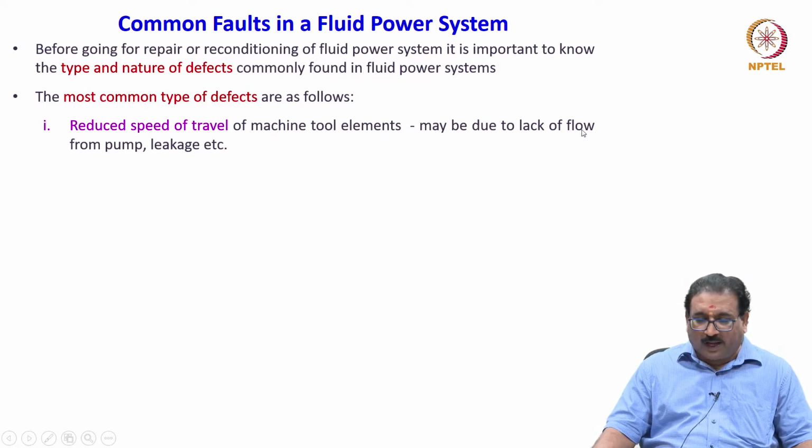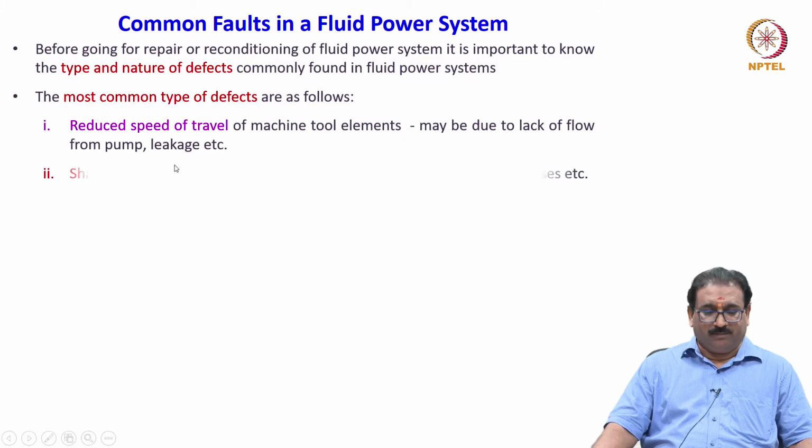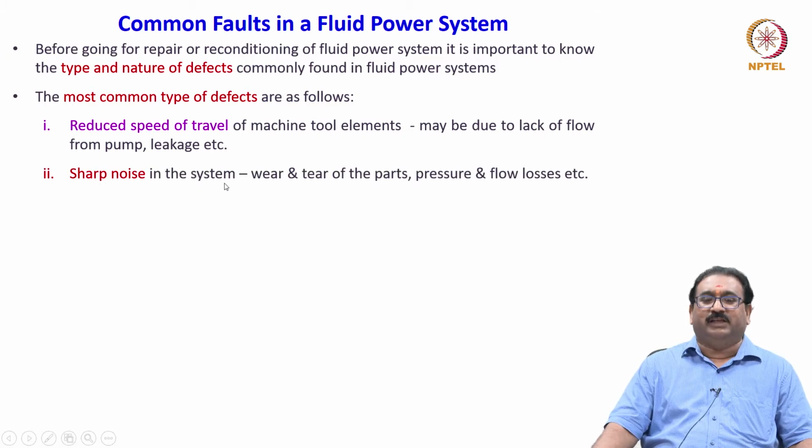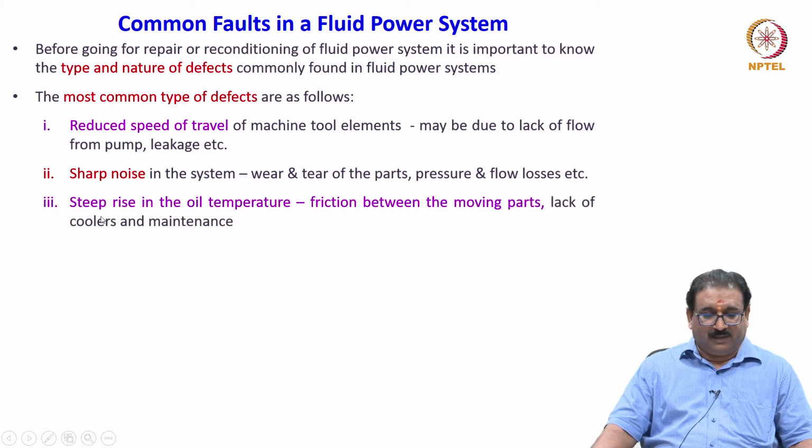This may be due to lack of flow from the pump or a leakage in the hydraulic line. Sharp noise in the system. This may be due to wear and tear of the parts, pressure and fluid losses. Steep rise in the oil temperature. This may be due to friction between the moving parts, lack of coolers and maintenance.